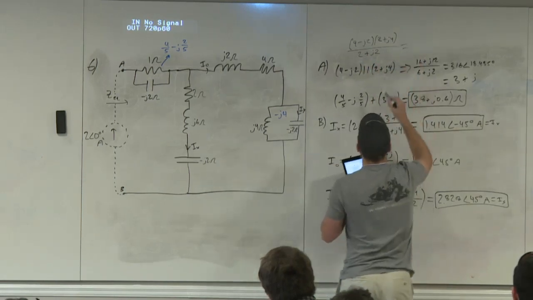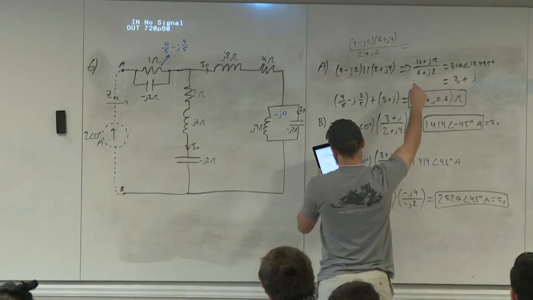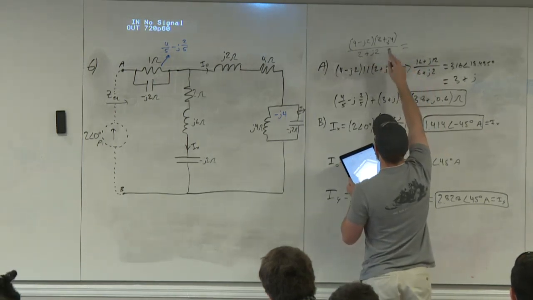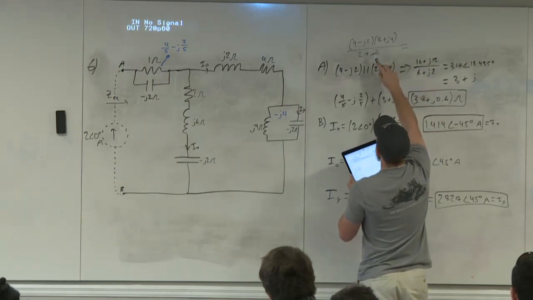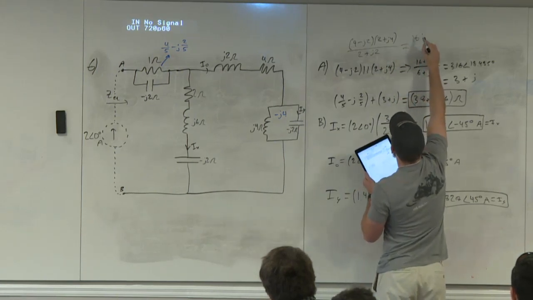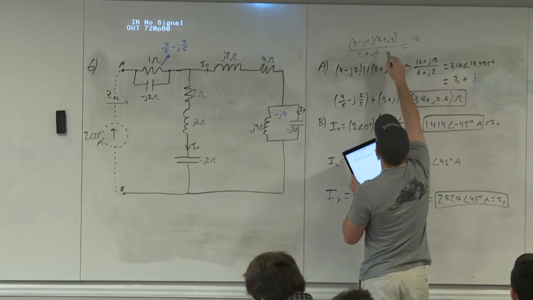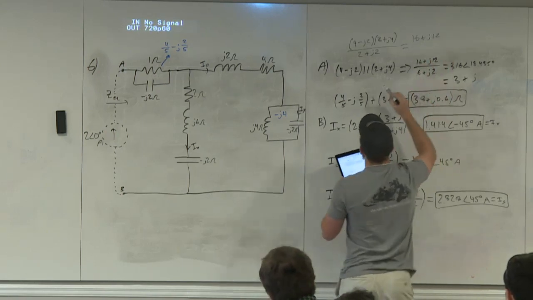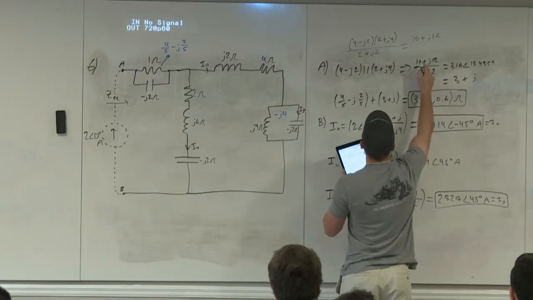Up here you should get 16 plus j12. Actually, not yet. I just FOIL it, so 8. That's going to equal 8 as well, so 16 minus j4 plus j16, so plus j12. What did I do wrong here? Oh, these are just added, so it's 6, not 2.